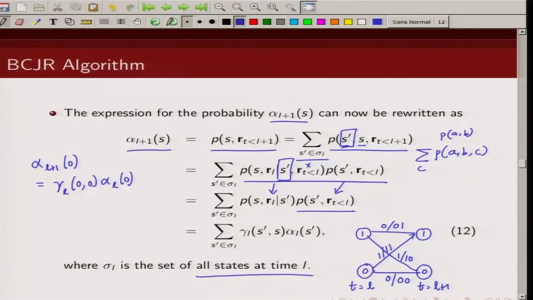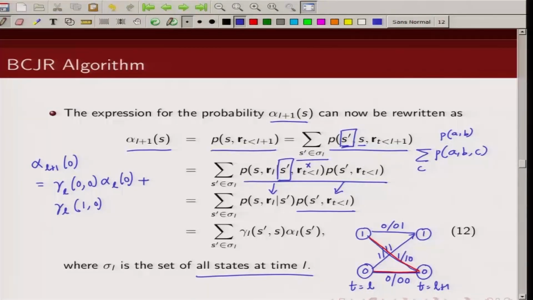This corresponds to this transition, so this term will come. Now, there is another transition here, basically this. So, we write plus gamma L 1 0.